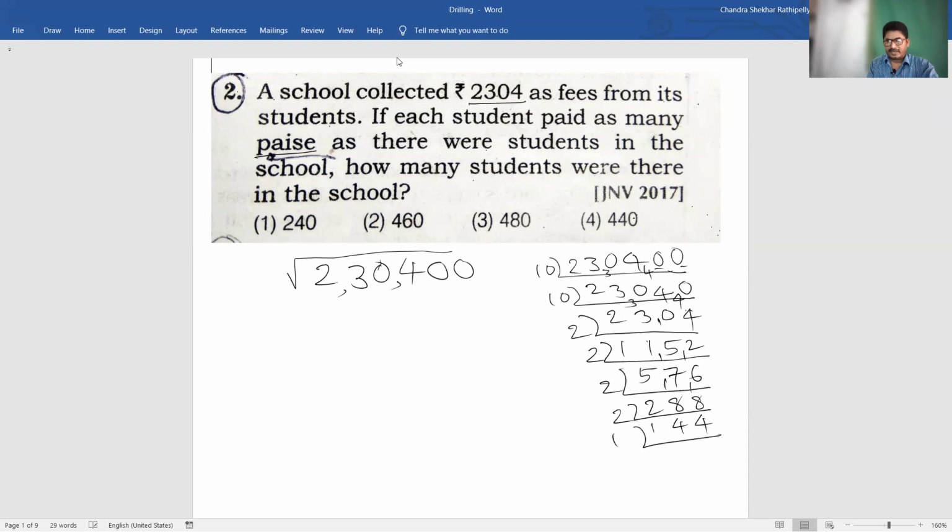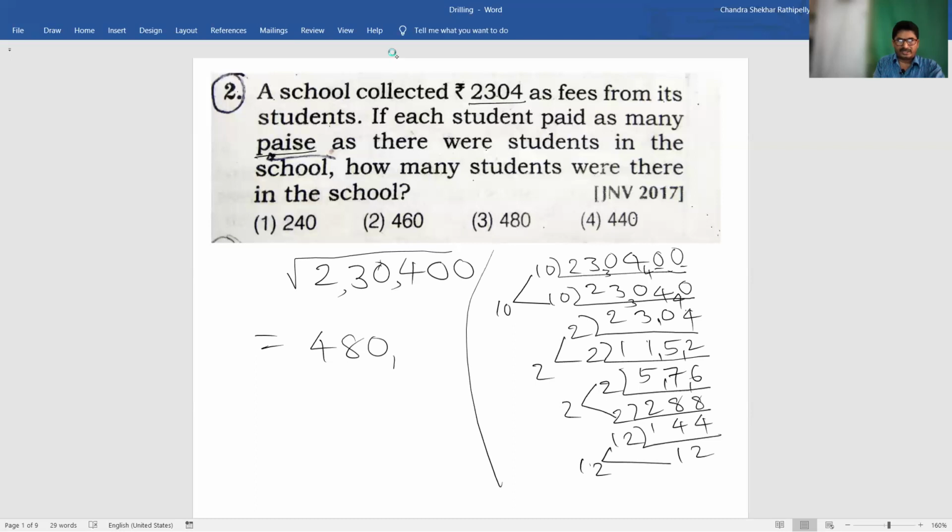So we can take directly 12. 12 twelves are 144. To find the square root of this number, we take one from double. So 10, 2, 2, 12. 12 twos are 24, 24 twos are 48. So 480. So 480 pies. This is the answer, 480, option 3.